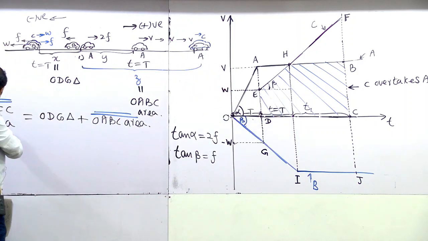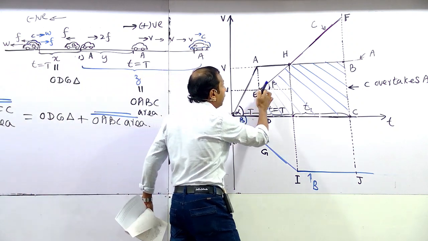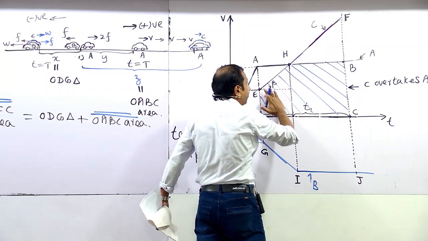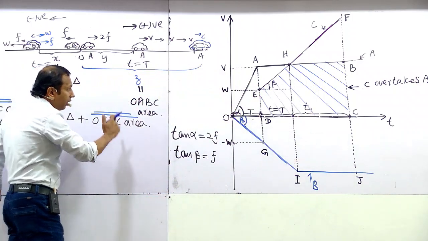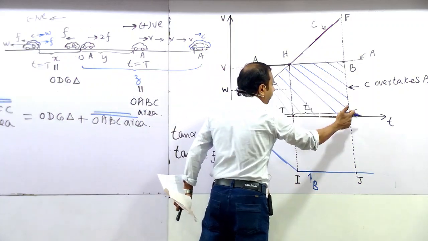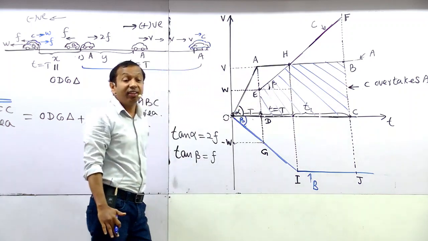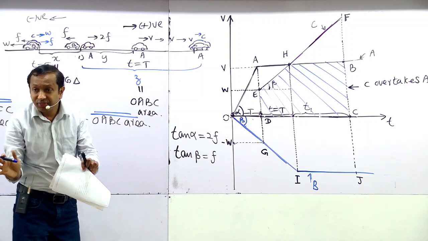Yes. DEFC area here, that contains this. Okay. OABC area, that also contains this. Then what can you say? We can remove the common area from both sides.